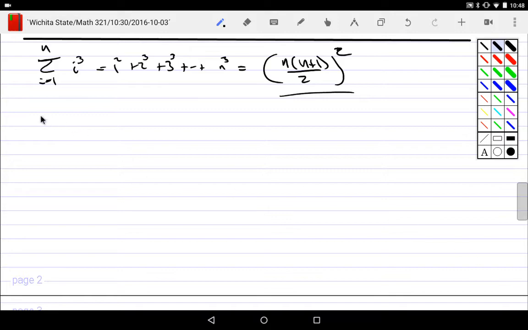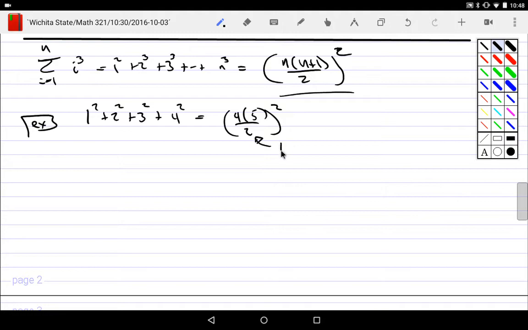So if I, for example, would do 1 squared plus 2 squared plus 3 squared plus 4 squared, it's going to be 4 times 5 all over 2, the quantity squared, right? Because, and what is this? This is 1 plus 2 plus 3 plus 4, right? It's a triangular number.